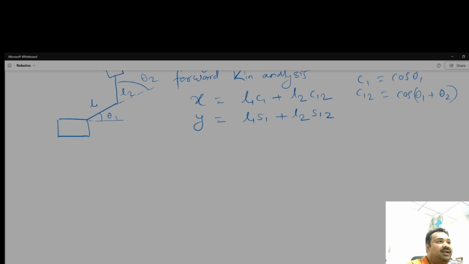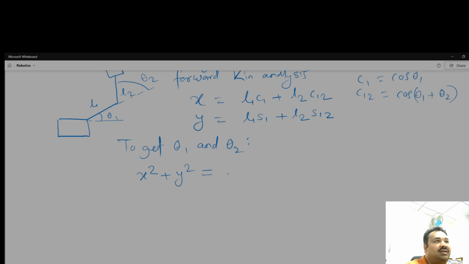Now to get theta 1 and theta 2, we square x and add it with y square.